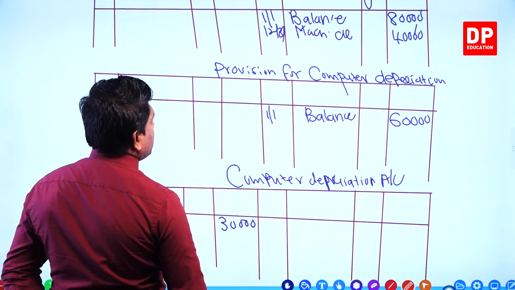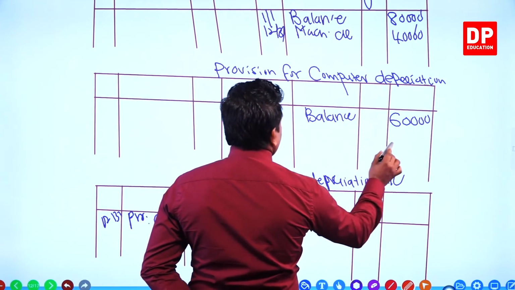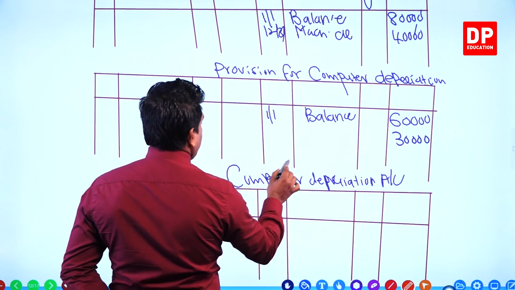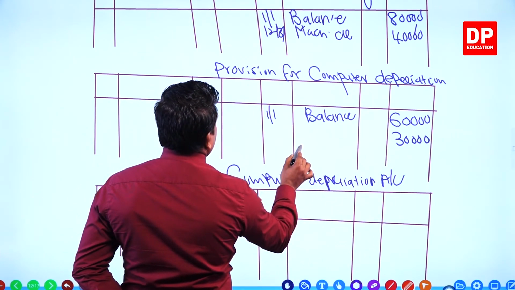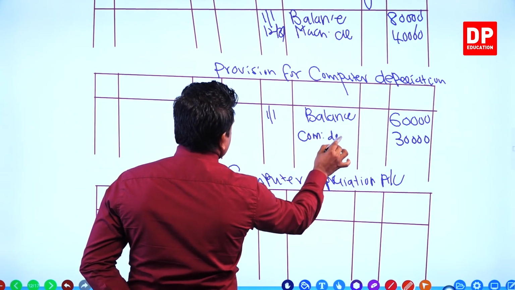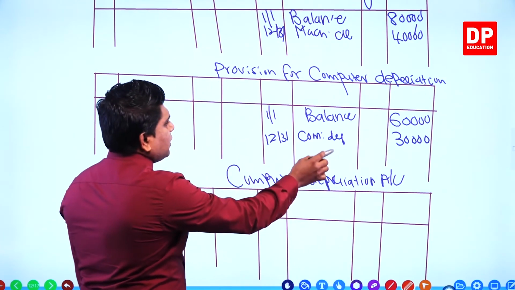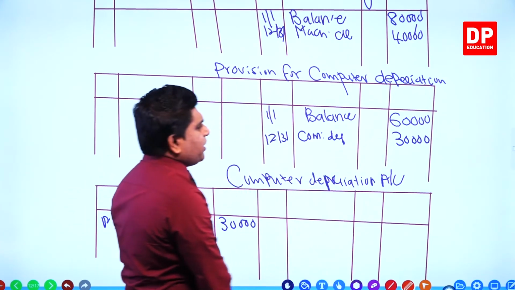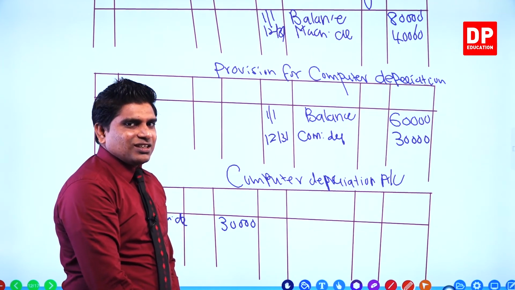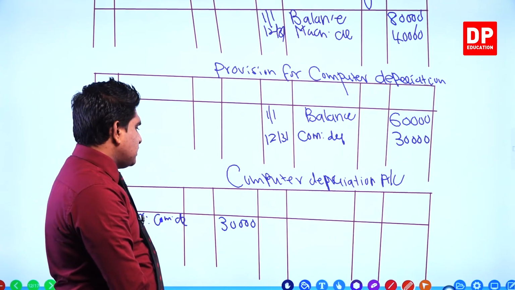Then provision for computer depreciation account, credit side you put 30,000. You write there computer depreciation, the date is 12/31st. Finally, the accumulated depreciation account you bring 60,000 plus 30,000. How much? 90,000. But in the profit and loss statement you write 30,000.